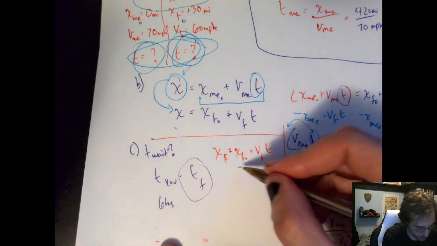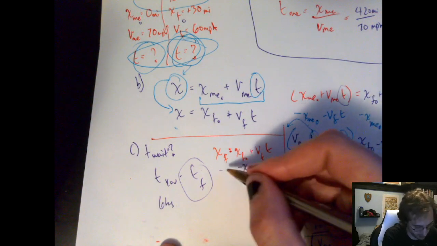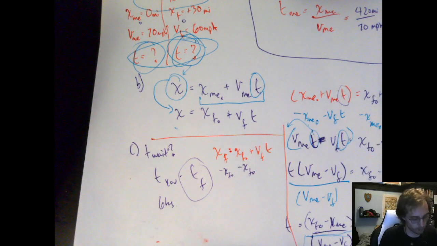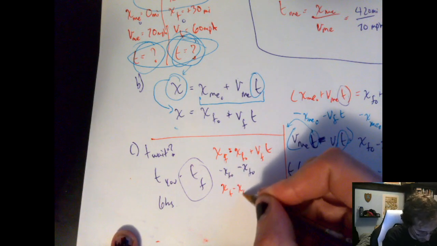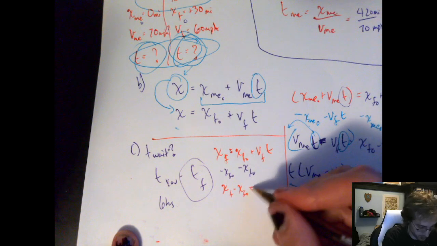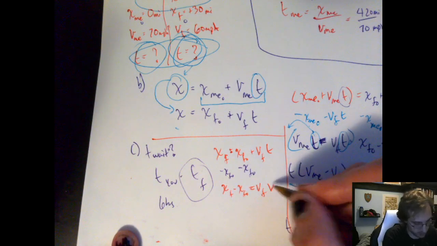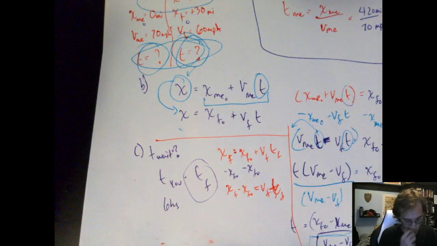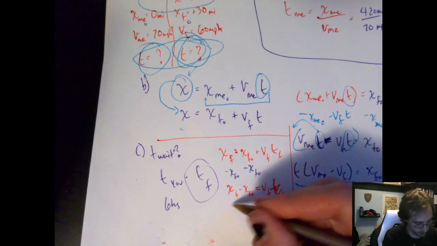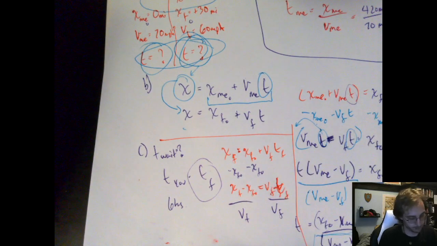If I want to solve for time, I'm going to have to subtract off the initial position for your friend. That'll give us that the position for your friend minus the initial position for your friend, or the displacement, is equal to the velocity of your friend times the time it takes them. Then we just need to divide by the velocity for your friend. And we're all set.